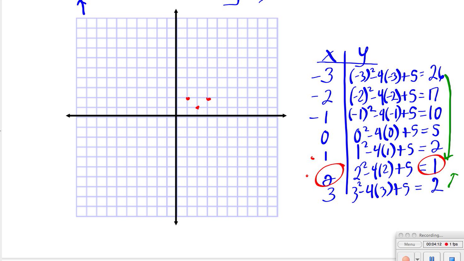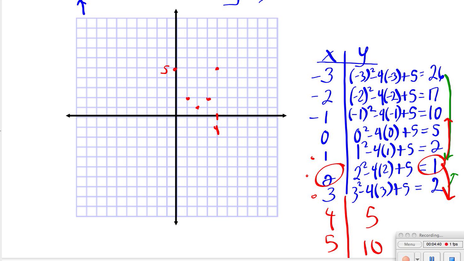And I'll start to graph it so you can see what I'm talking about here. I've graphed these 3 points. I can graph 0 at 5. And I start to see this parabola. So I know the next point, 4, is also going to give me 5. And you can check that to make sure, but it's all based on this pattern that repeats itself on either side of the vertex.